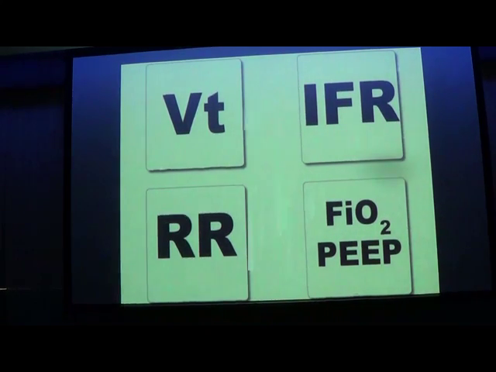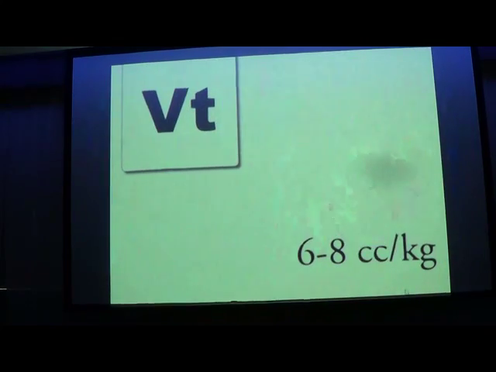The function is the same. So low tidal volume ventilation, 6 to 8 cc. No more ventilating patients with the old 10 ml, 12 ml per kg body weight. 6 to 8 cc of ideal body weight, okay?